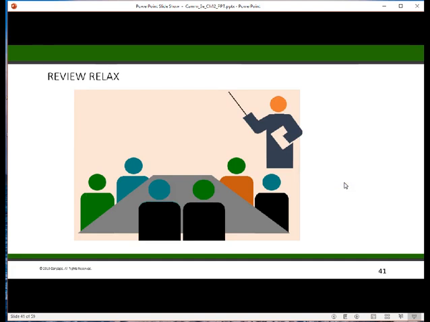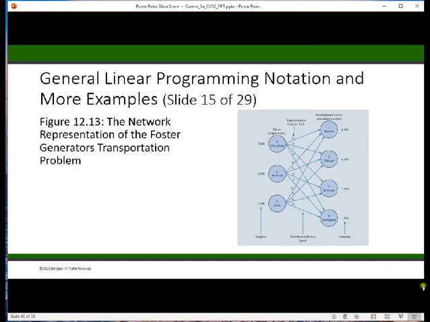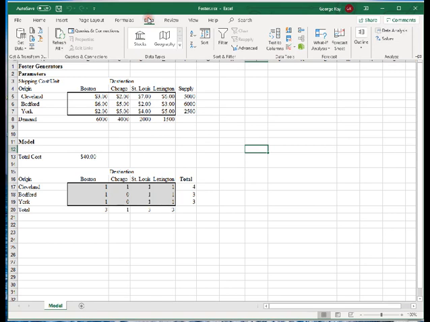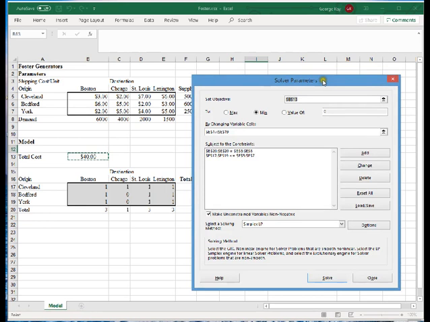So let's take a look at the solution for this one. And bring this back up. There we go. So take up our Solver, go to the Data ribbon, and then far right is Solver. Click that.